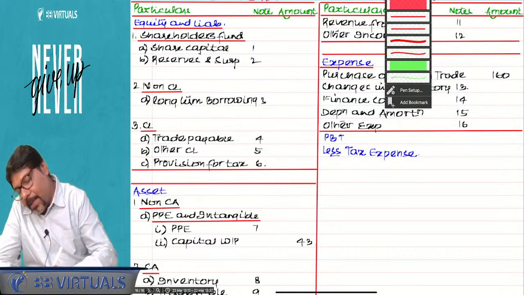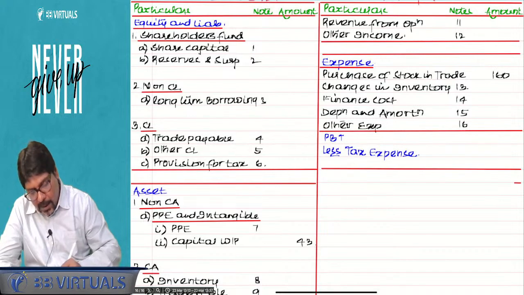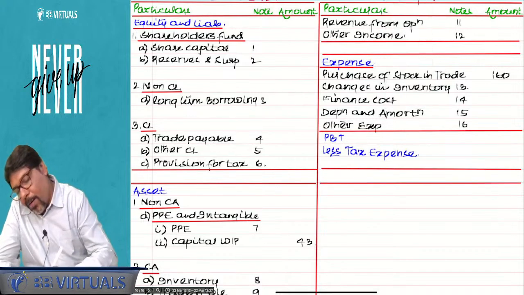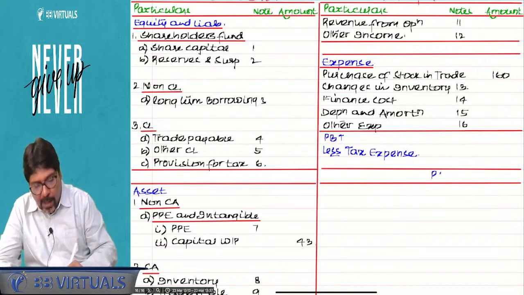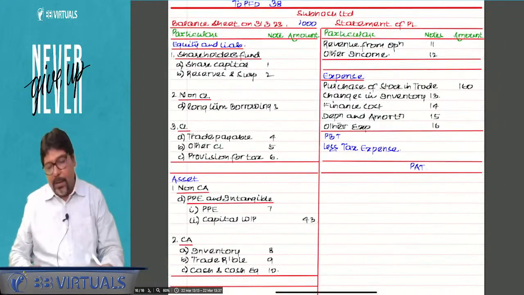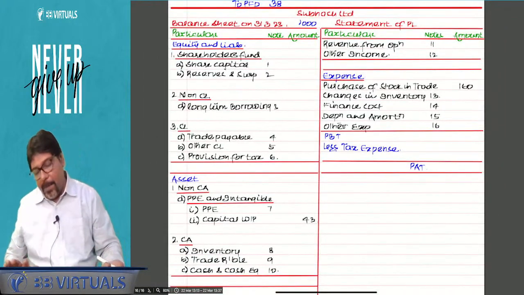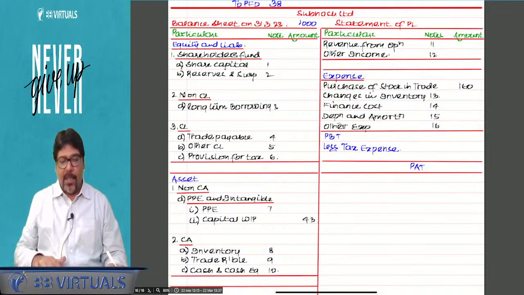Then you will get profit after tax. Am I clear? Yes, sir. So this is your balance sheet and P&L format we have prepared, and we came to know that 16 notes we are supposed to prepare. Am I clear? Shall we start?